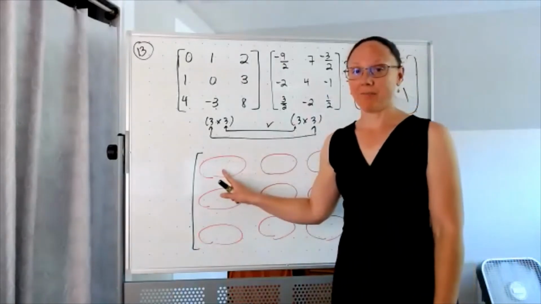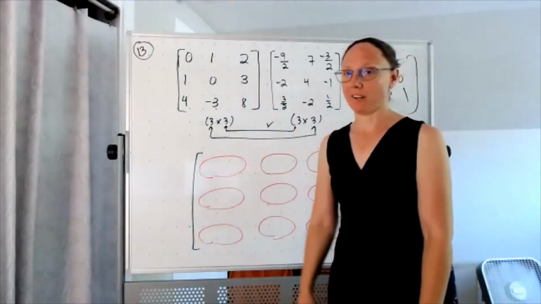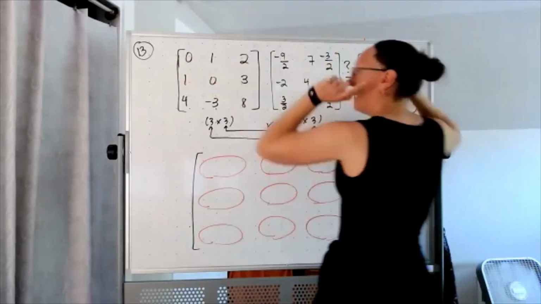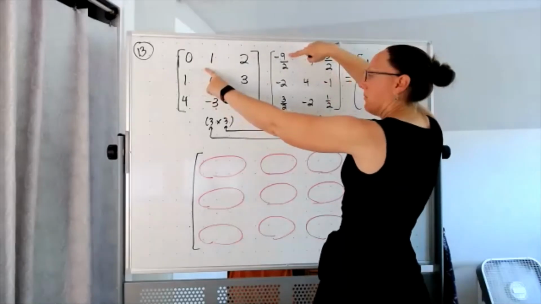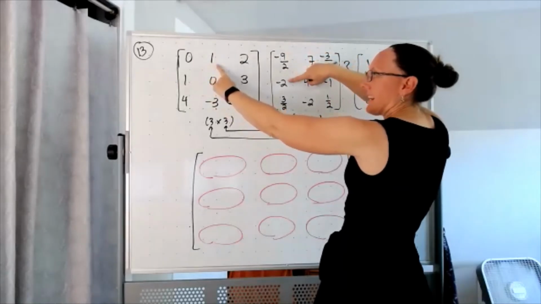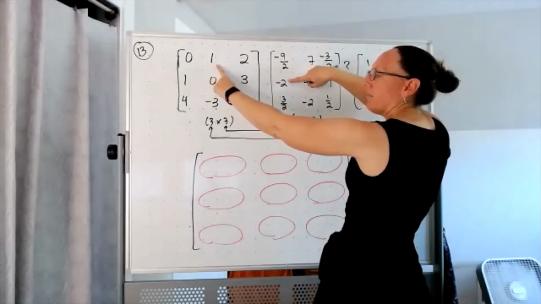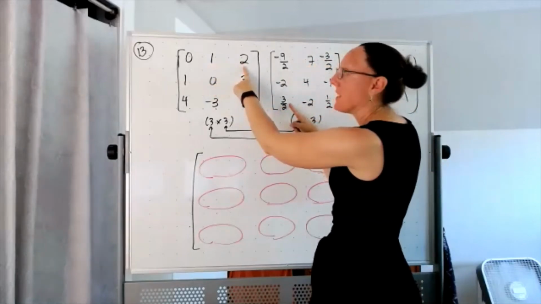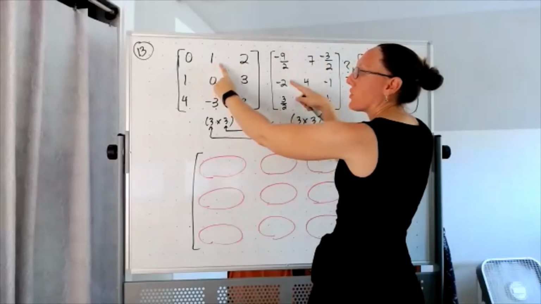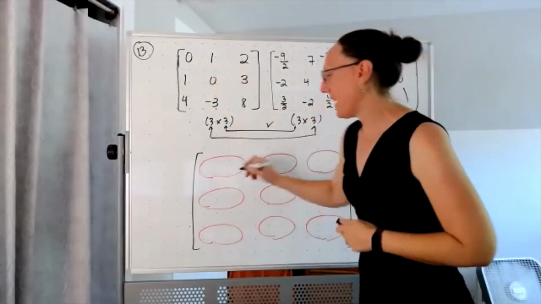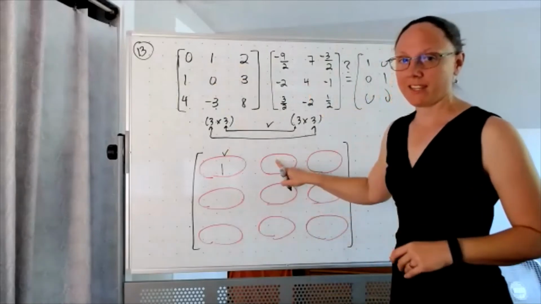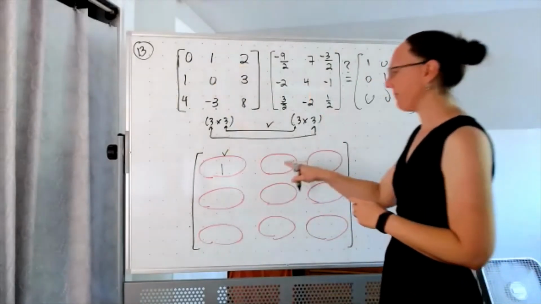So this piece right here is in row 1, column 1. So I'll take row 1 times column 1. That's a 0. That's a -2. And 2 times 3/2 is going to give me a +3. So I've got 0 minus 2 plus 3. That is 1. 1 down, 8 to go. This right here, we're hoping for a 0.